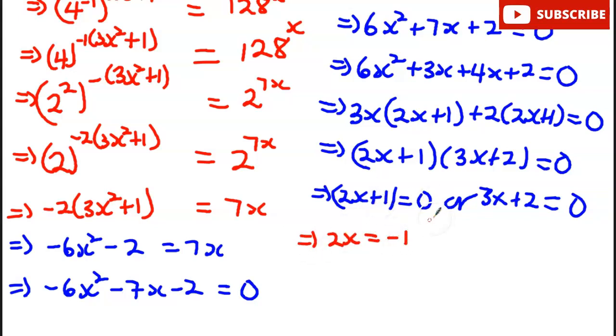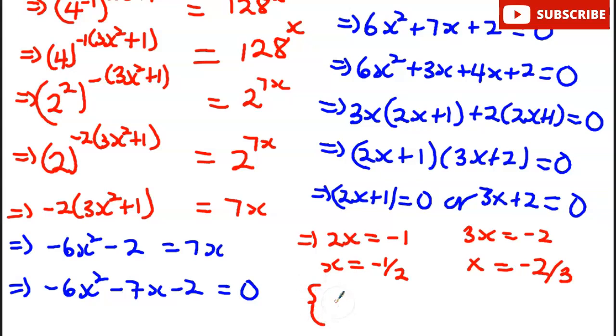When you send 1 to the right hand side, x will be minus 1 on 2. And for this side, 3x will be equal to minus 2. So when you divide both sides by 3, we have x to be minus 2 on 3. Now we were asked to find the truth set, so we put it in a set form. X such that x is equal to minus 2 on 3 and then minus 1 on 2.